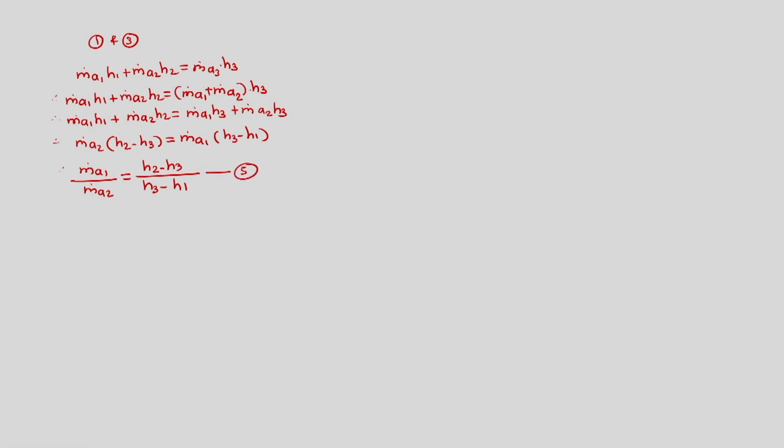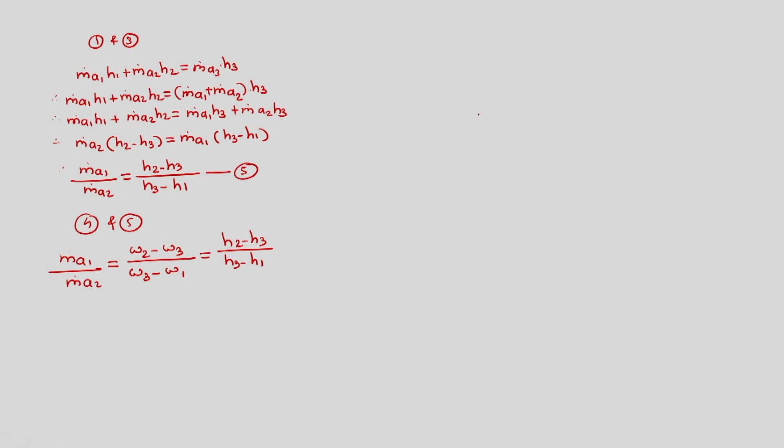So this is equation number 5. So we can write from 4 and 5 as m dot A1 divided by m dot A2 is equal to omega 2 minus omega 3 divided by omega 3 minus omega 1, which is also equal to H2 minus H3 divided by H3 minus H1.